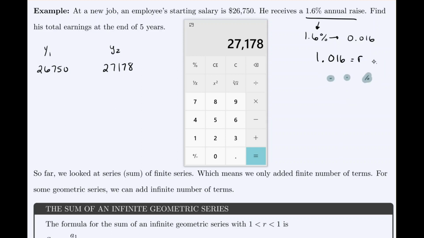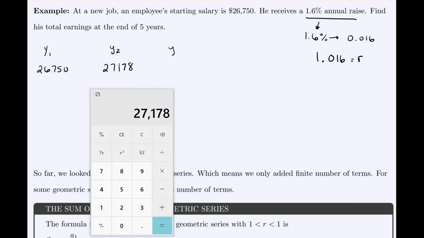So to calculate the salary at year 3, we would just multiply the year 2 salary by the constant multiple of 1.016, and we would expect 27,612.848. And we know we could keep doing this for year 4 and year 5 and add everything together. That works fine.